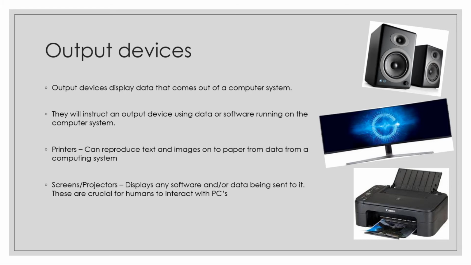These are one of the most crucial output devices because you need to see what is happening within your PC. You need this as a bare minimum to run it properly. Without that output device, you wouldn't be able to really use or program your computer at all.